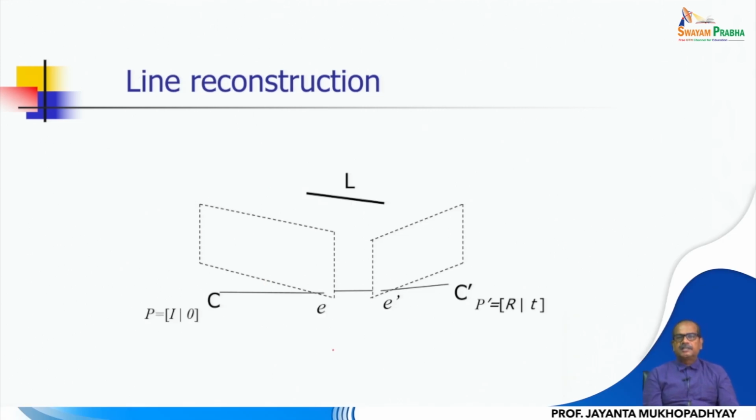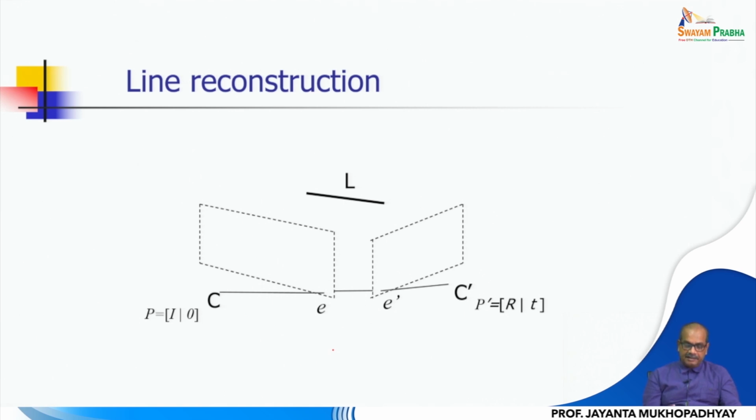We will consider some of the geometric, I should say projection, some of the projection of geometric structure, spatial structure on the stereo images. First we consider a line in three-dimensional space.